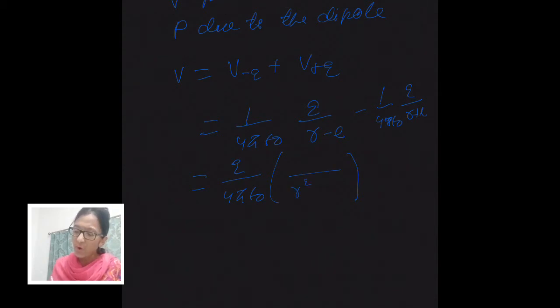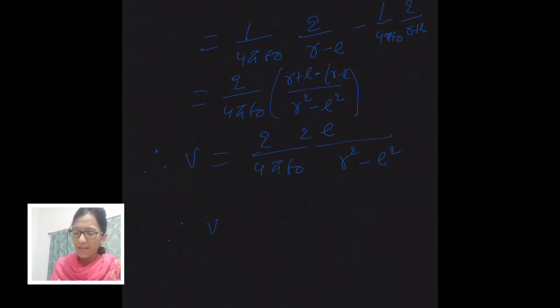So the denominator is r square minus L square, and in the numerator it is r plus L minus r minus L. Therefore potential V is equal to q upon 4 pi epsilon naught, r square minus L square in the denominator, and the r cancels out and it becomes 2L.